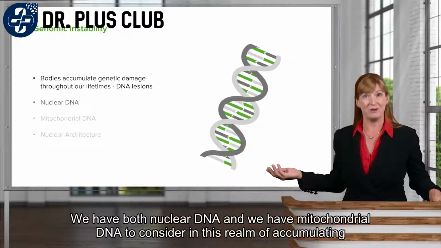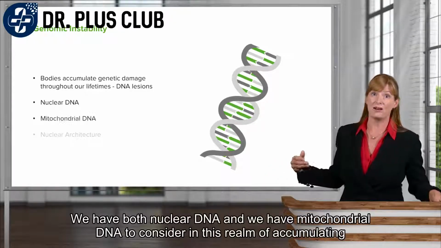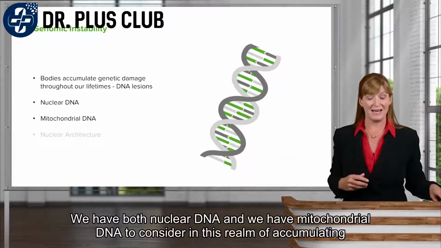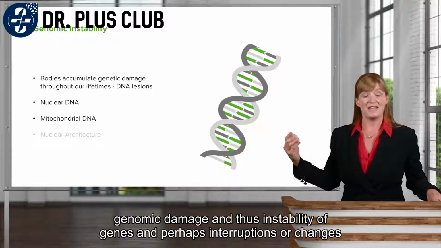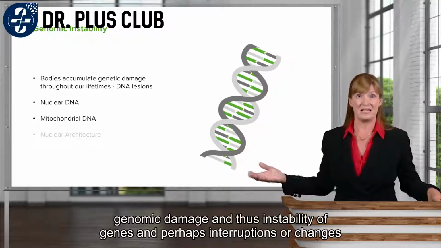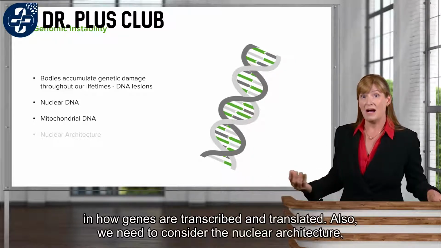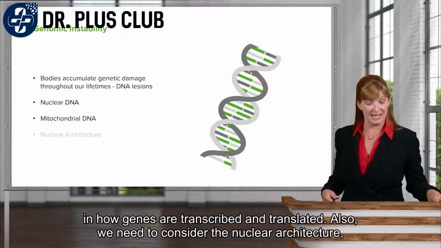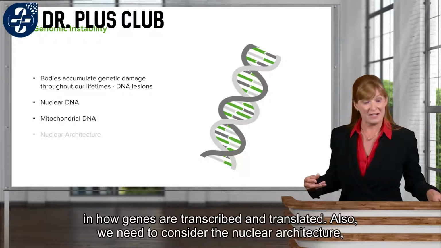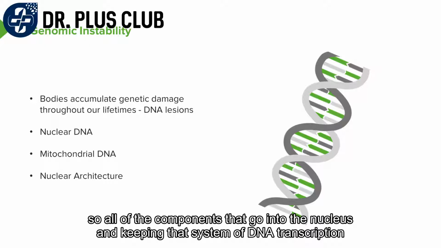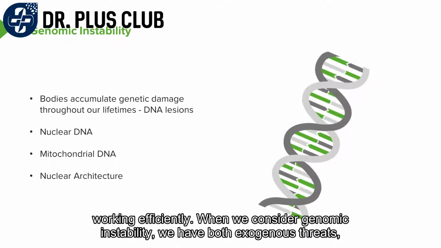So we have both nuclear DNA and mitochondrial DNA to consider in this realm of accumulating genomic damage and thus instability of genes and perhaps interruptions or changes in how genes are transcribed and translated. Also, we need to consider the nuclear architecture, so all of the components that go into the nucleus and keeping that system of DNA transcription working efficiently.